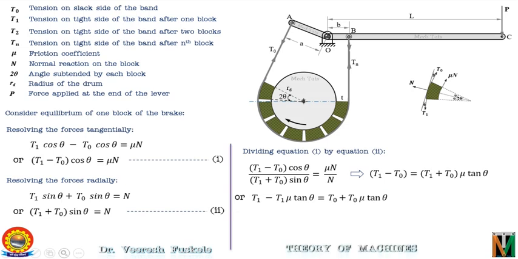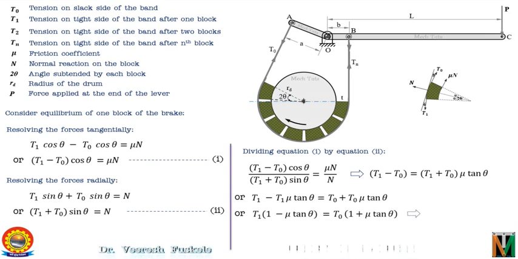This will further give us T1 into (1 minus mu tan theta) is equal to T0 into (1 plus mu tan theta), taking T1 and T0 as common.